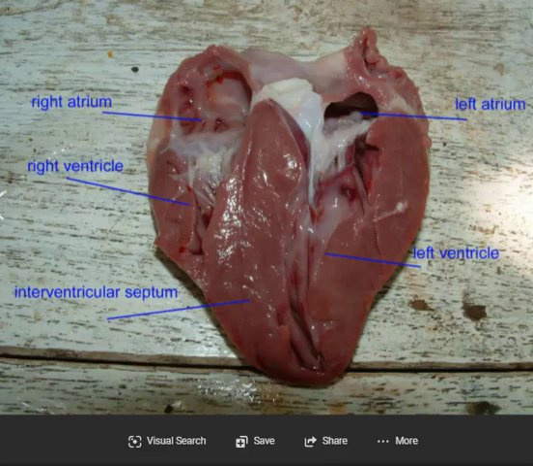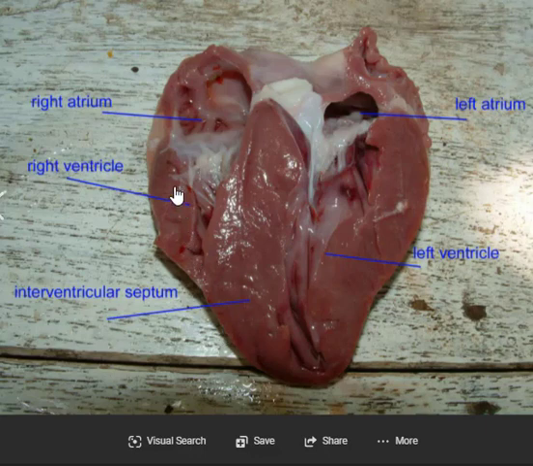And here's a labeled model of the pig heart, so you can look inside, and the left atrium and the left ventricle. Again, look how thick that muscular wall is on the left side versus the muscular wall on the right side.